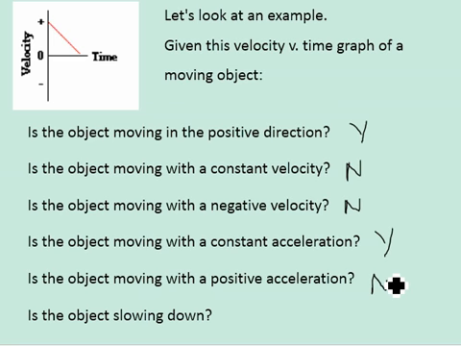No. And that's because the slope of this line is negative, so it indicates a negative acceleration. Is the object slowing down? Yes. Its velocity is positive, and it's getting smaller and smaller in size as time goes on. The velocity is positive, the acceleration is negative, they're in opposite directions, and as a result, we are slowing down.